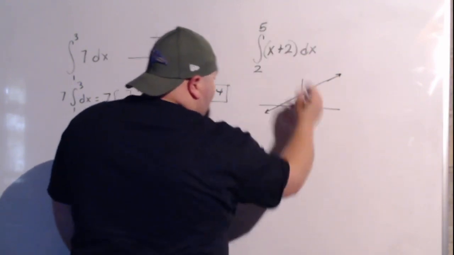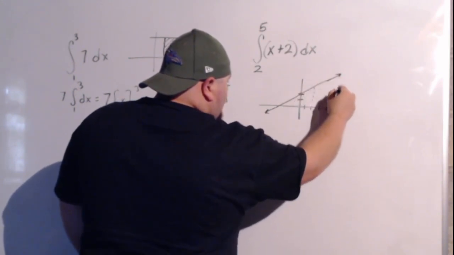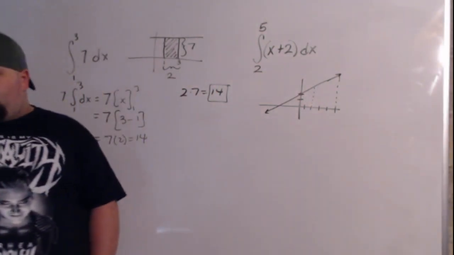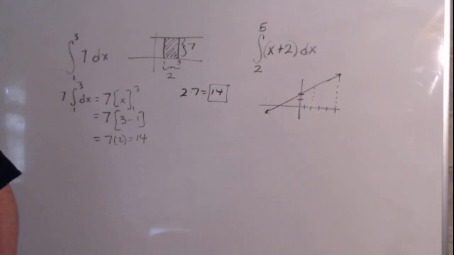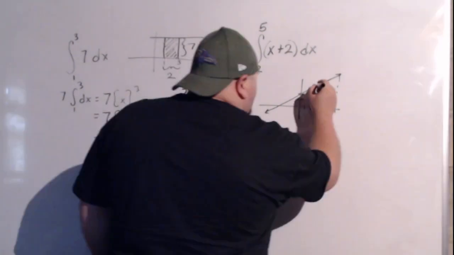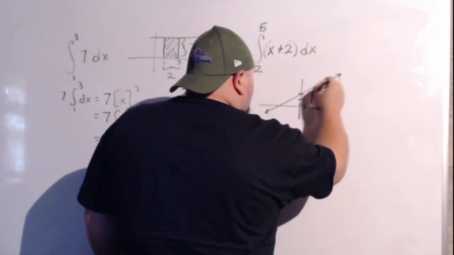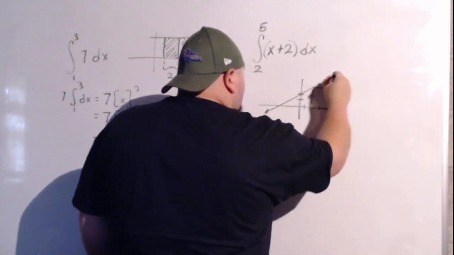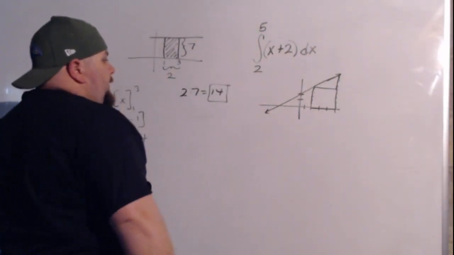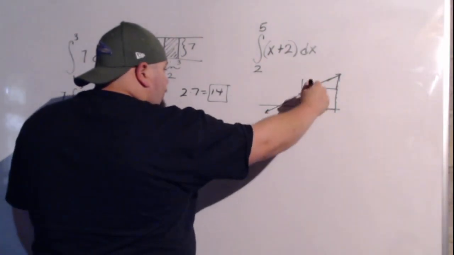And they're saying from 2 to 5, so from here to here, so that is some kind of rhombus, right? But I can actually cut this off and create a rectangle and a triangle. Again, not hard to do by just the integration, but it's good to be able to do it with the graph as well.